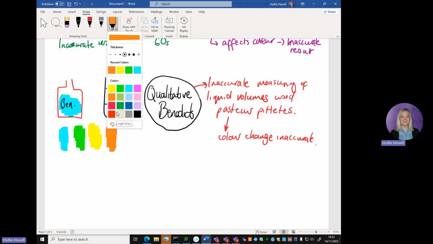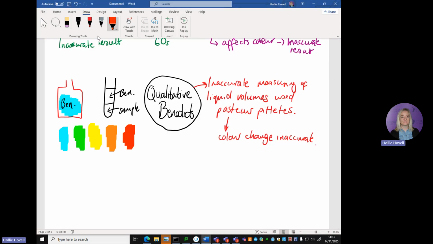So if it goes red, that means that there's a high concentration of glucose. If it goes blue, there's no glucose, it just stays the colour that it was in the bottle. If it's green, there's a low concentration of glucose, and then the other colours are like a scale. So a little bit higher concentration, a little bit higher concentration, high concentration.